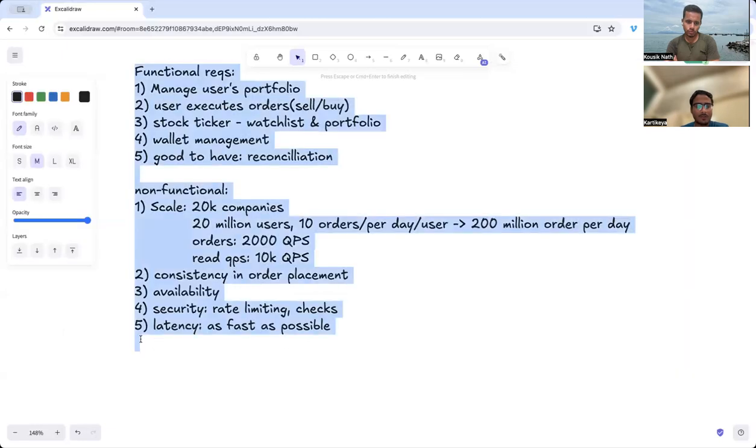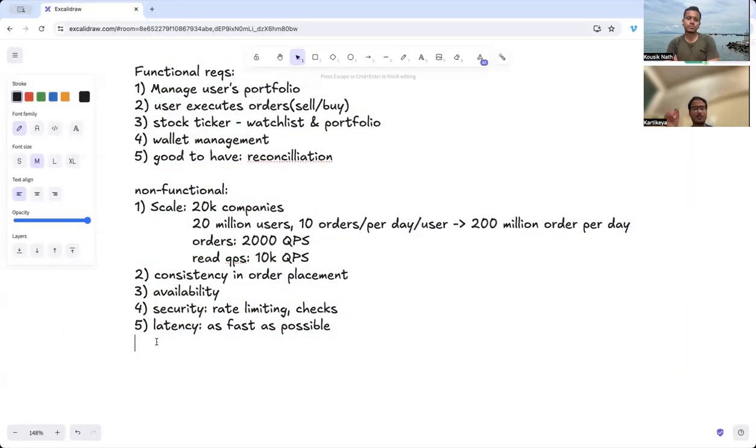What else? Yeah, throughput. Throughput will come under scale, right?